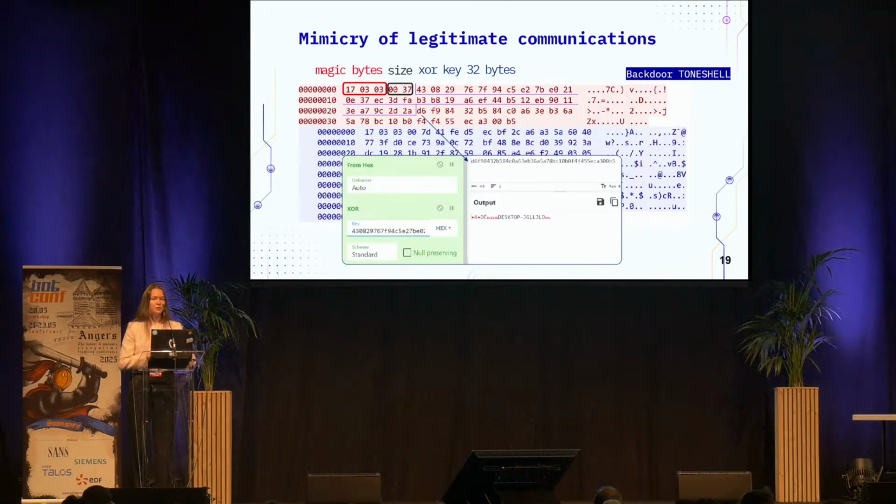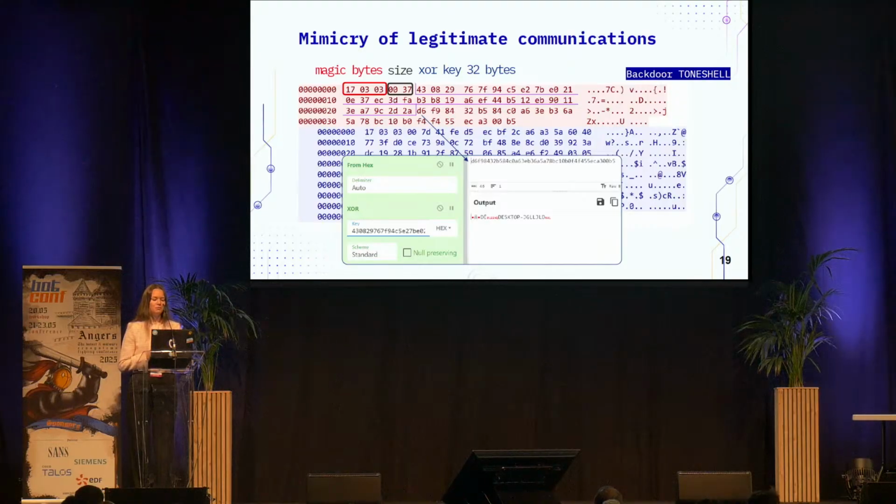If we look in more detail, we can see that the first 3 bytes are magic bytes, really used in TLS. I think you know about it. The next 2 bytes are the size of the packet, and 32 bytes are the XOR key. And all the last bytes are just encoded bytes. So using CyberChef, we can decode it and see that this is desktop and the name of the computer.